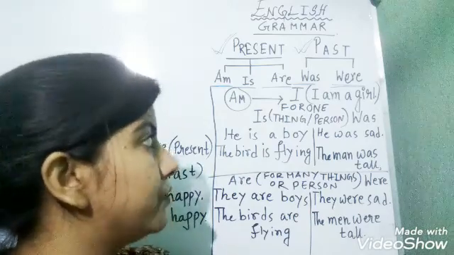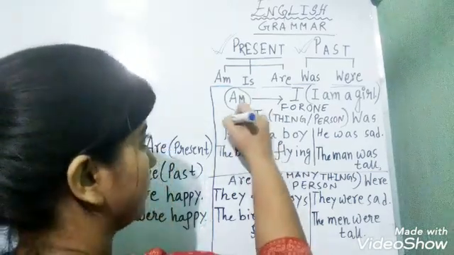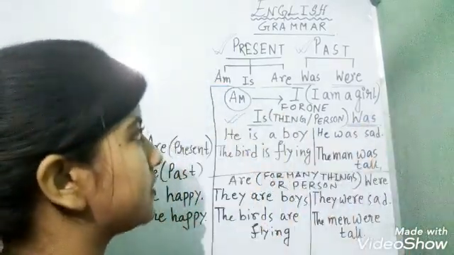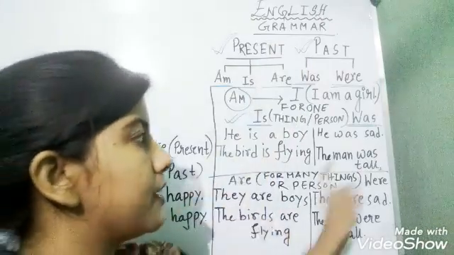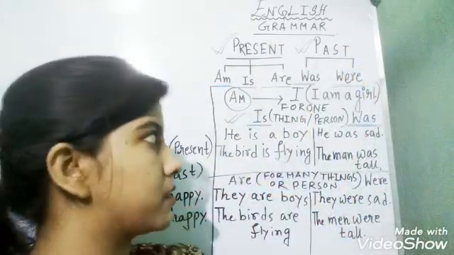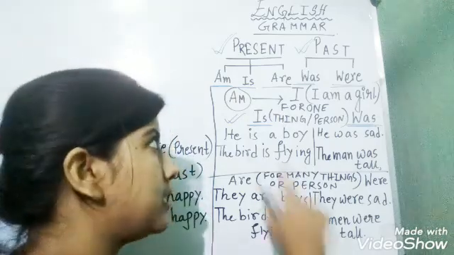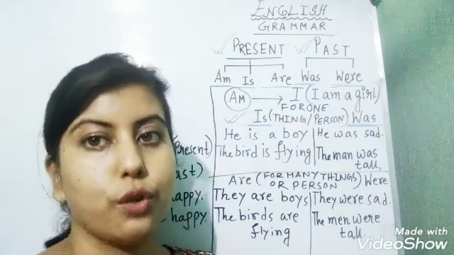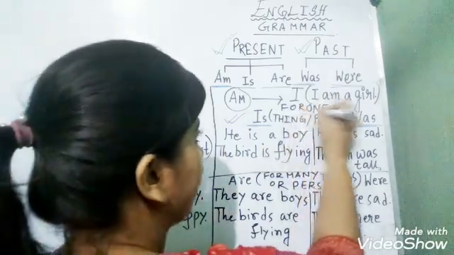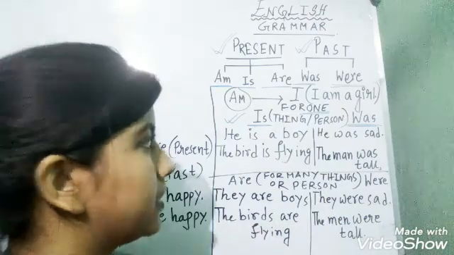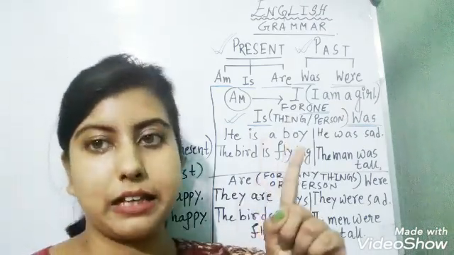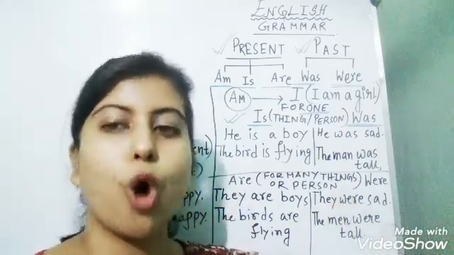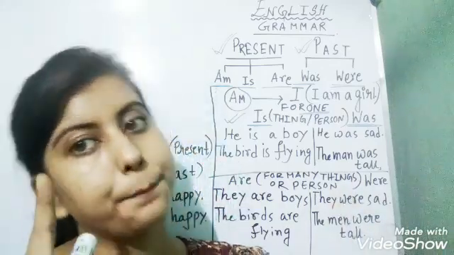Now first, I will discuss is and was. Is relates to present tense and was relates to past tense. Now, is and was are both used for one thing or person.